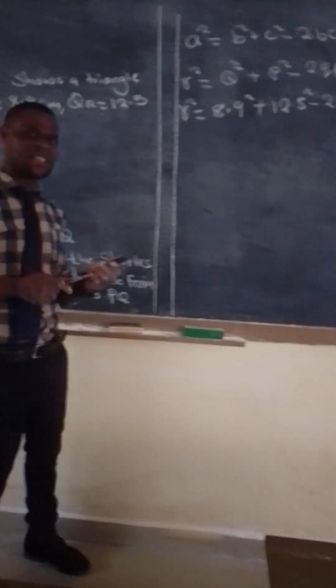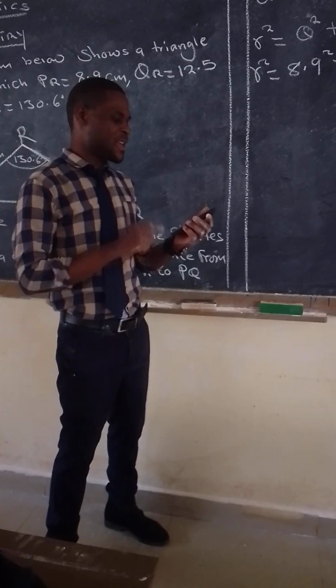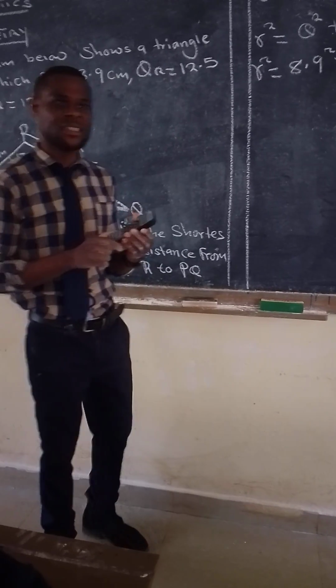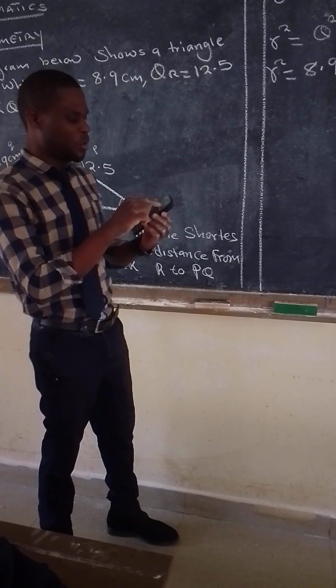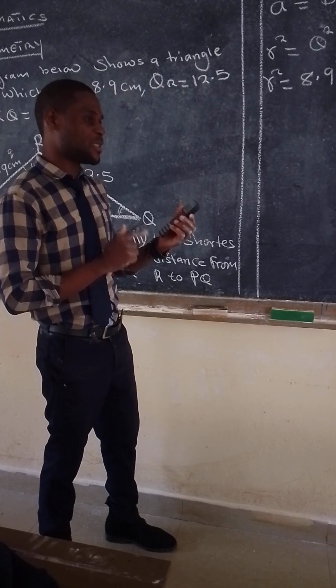For you to use a scientific calculator, make sure that the calculator is in degrees. On top there, it is supposed to show D, which means degrees.